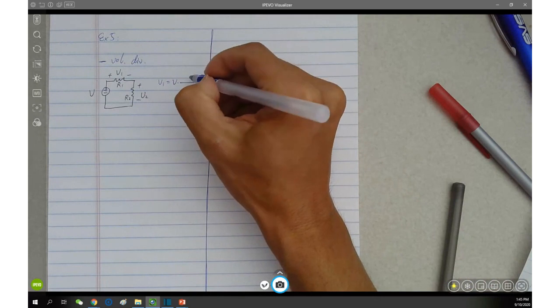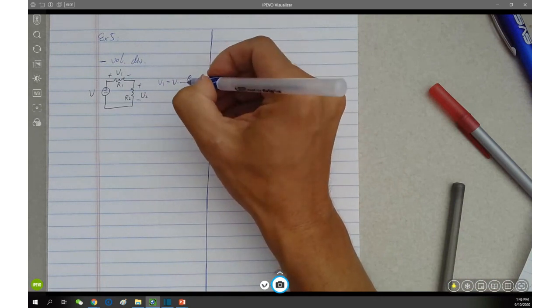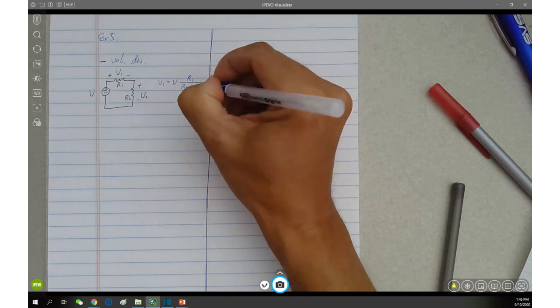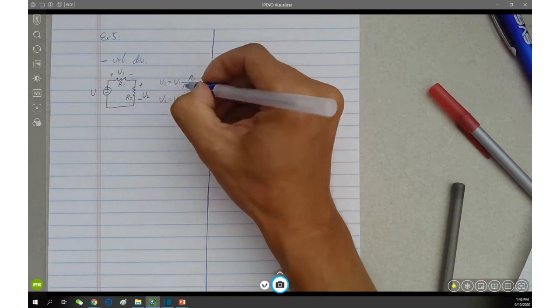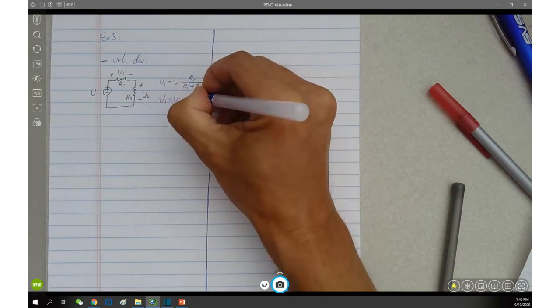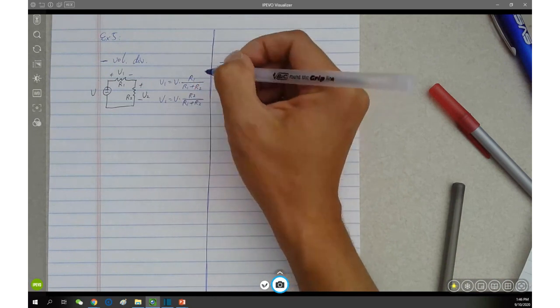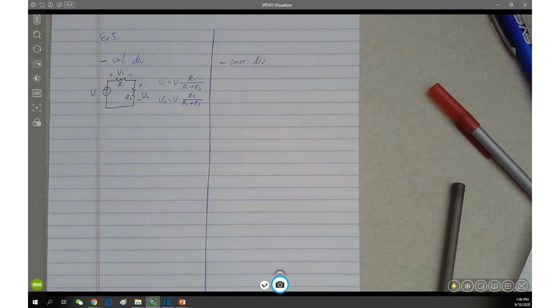Who's the numerator? R1, right? With the denominator R1 plus R2, right? Similarly, V2 equals V times R2 in the numerator, and R1 plus R2 remains as the denominator. Any questions regarding this? This is a little bit of reviewing the very basic voltage divider.